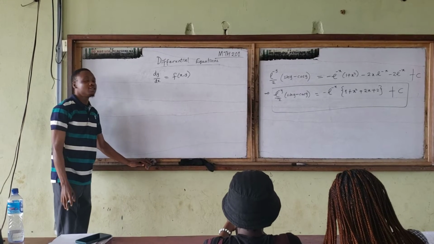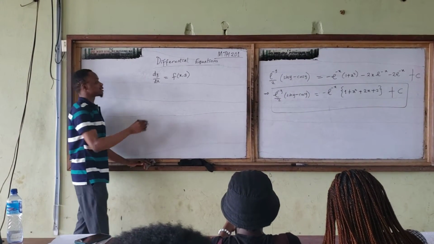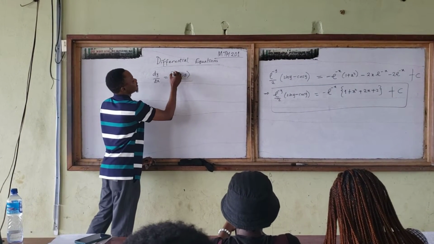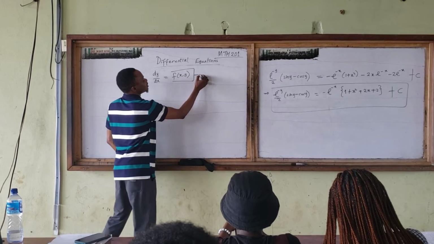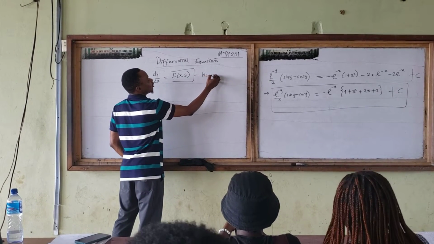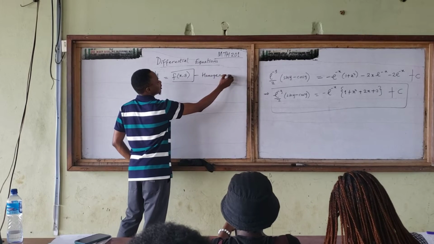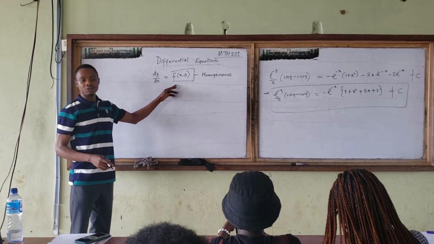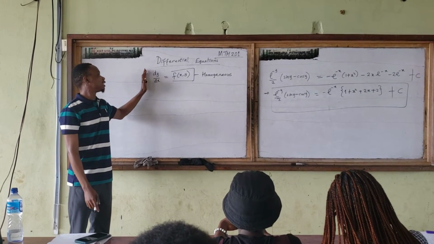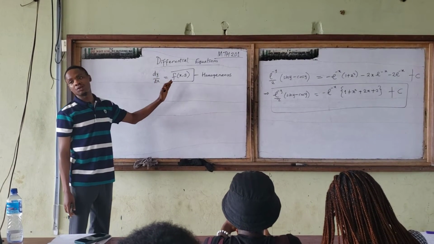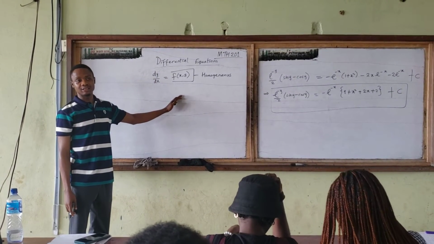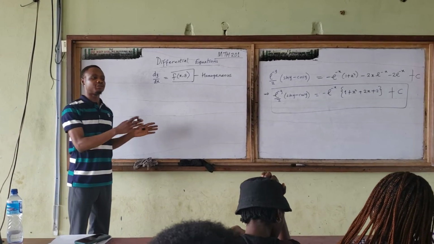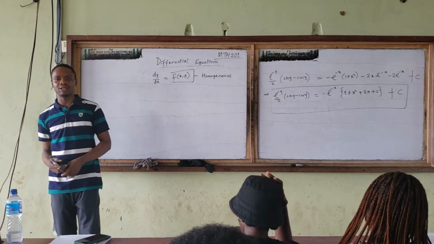Look at this please. If it happens that this function here is homogeneous, according to our definition of yesterday, then we say that this differential equation is homogeneous. Is that clear? In this respect, it's a different concept entirely from what we discussed before.